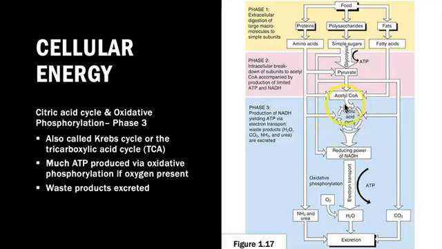This citric acid cycle is also known as the Krebs cycle or the tricarboxylic acid cycle or TCA. And when oxygen is present, it can drive us into oxidative phosphorylation and we can get a lot of ATP produced. We also have waste products that are excreted.